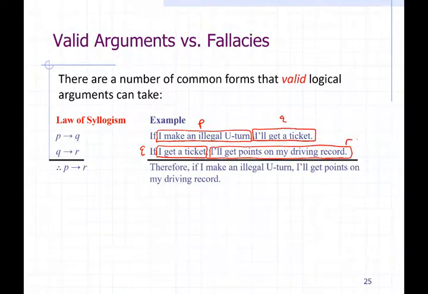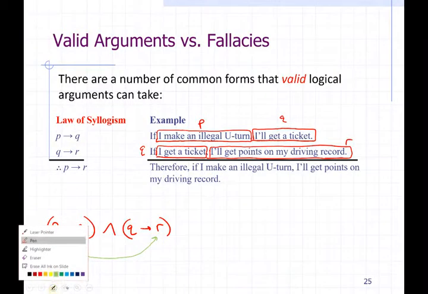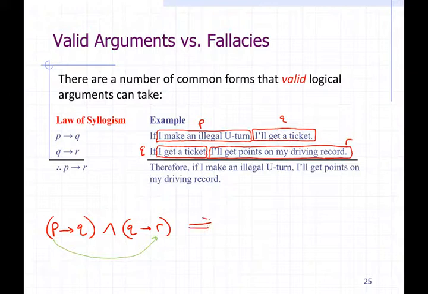And so that's the R. So we have the premises, if P then Q, and if Q then R. Therefore, if P implies Q and Q implies R, then what this rule is saying is that P must imply R. So that's the law of syllogism.